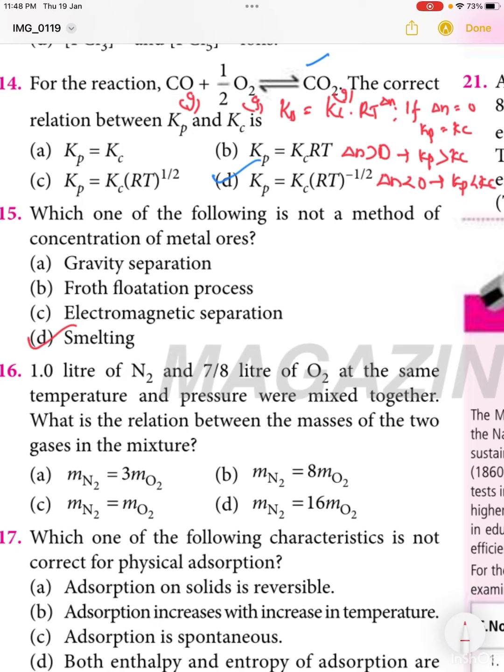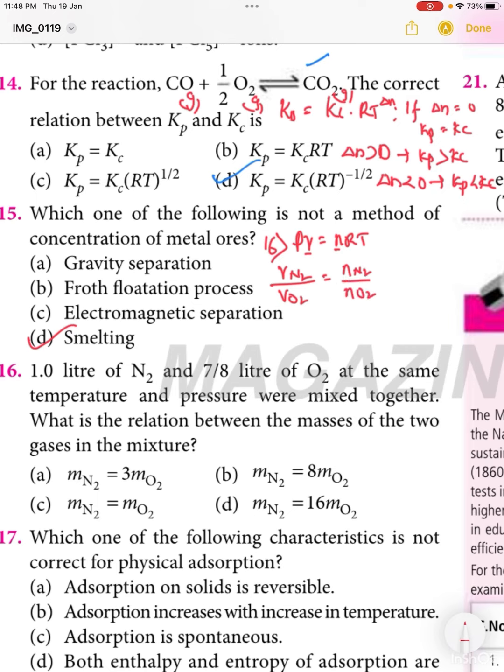This we can get from the PV is equal to nRT formula. We want volume and number of moles. Volume of nitrogen by volume of oxygen is equal to number of moles of nitrogen by number of moles of oxygen.